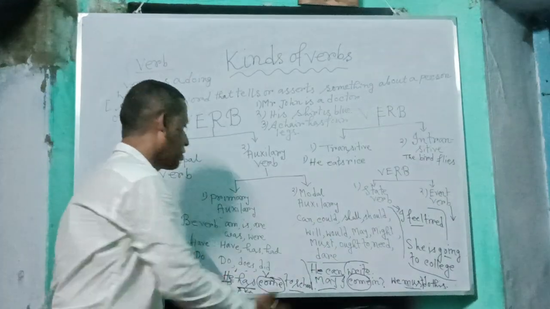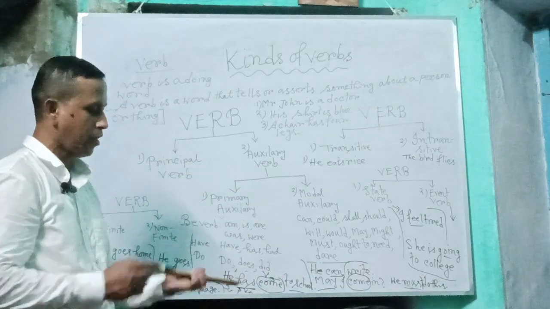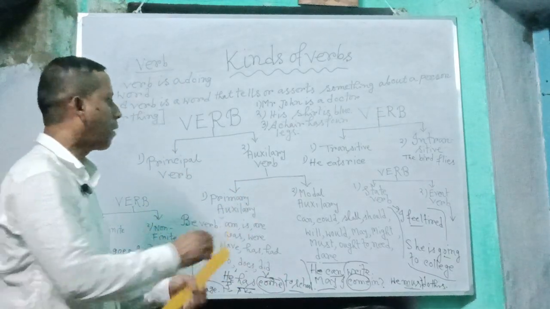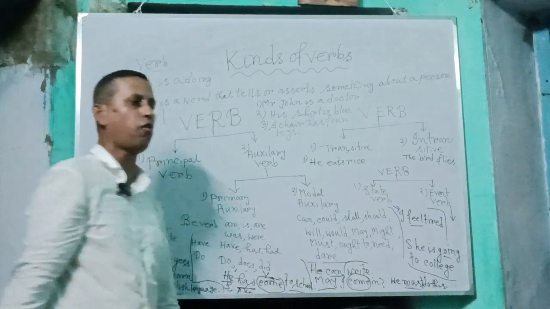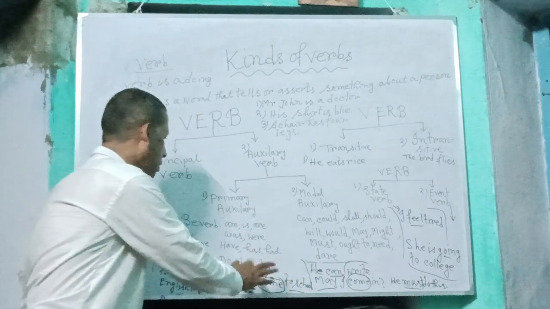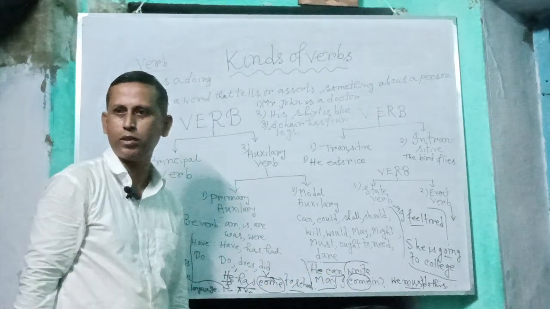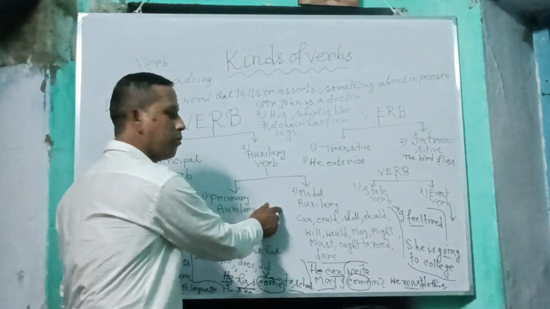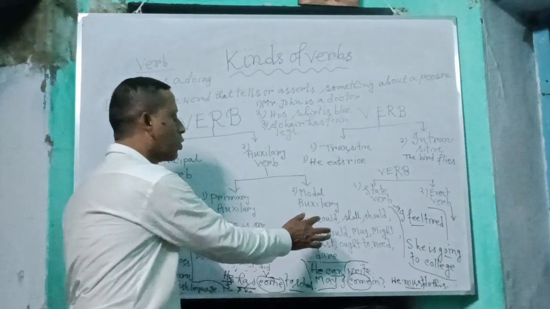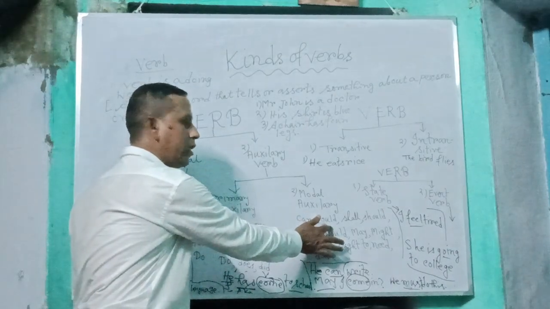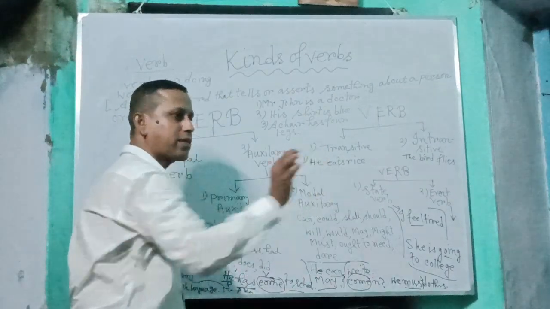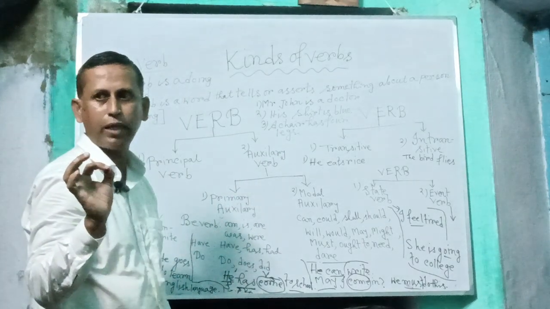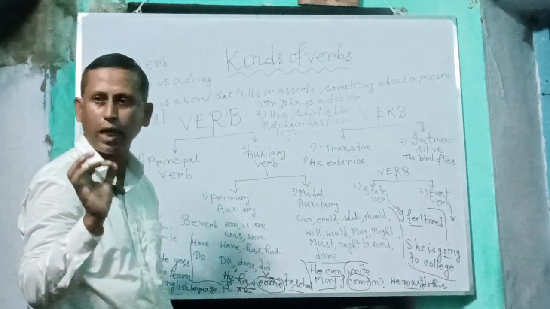And then the difference between the primary auxiliary and the modal auxiliary: with a modal there is only one verb. After a helping verb, always use the present form. This is the difference. Examples of modal auxiliaries are can, could, spelling C-O-U-L-D, where the L is silent. Sometimes some letters are silent in English.